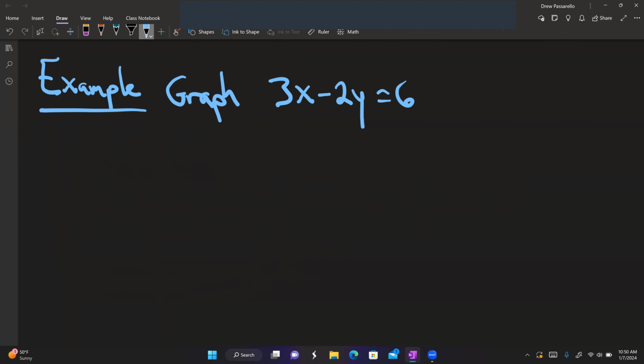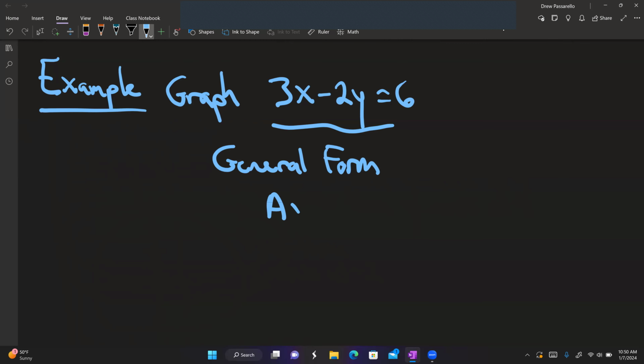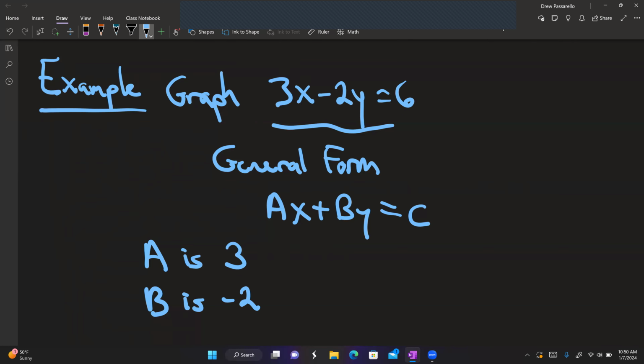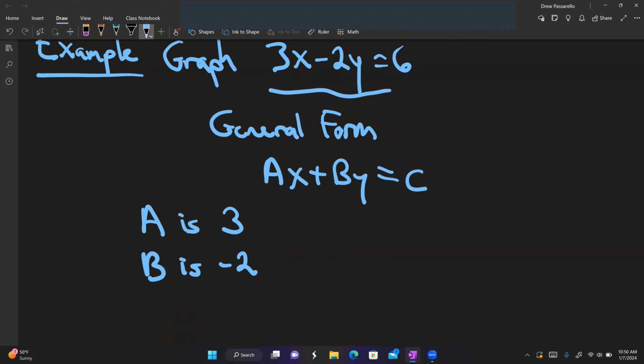Now, if you notice real quick, this has the general form, ax plus by equal to c, and the different components: a is 3, b is -2, and then c is 6.